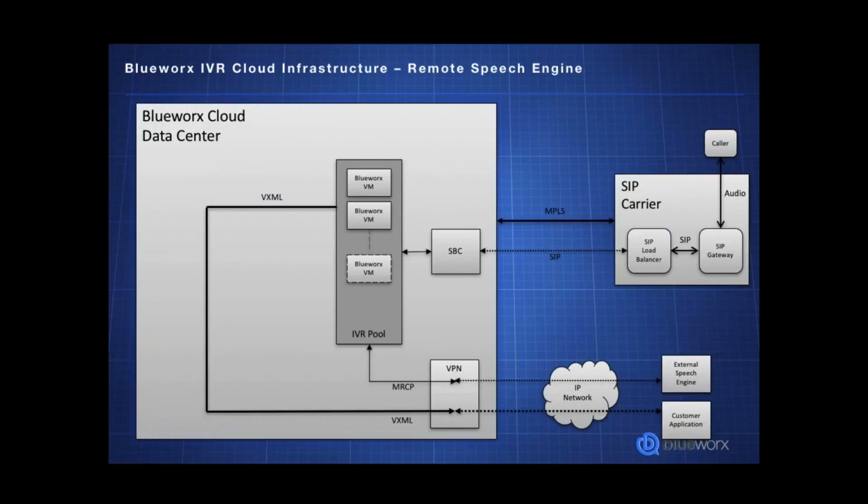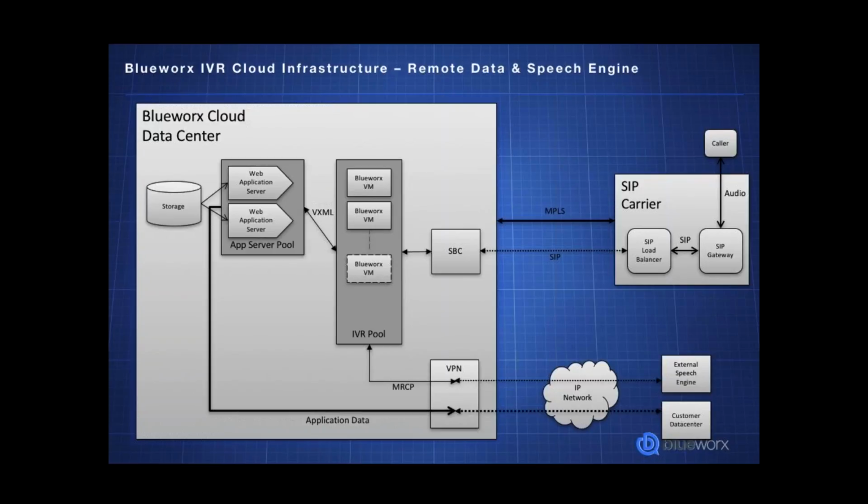So in this example, the call comes in, it goes to the Blueworx virtual machine, which requests the voice XML through the VPN at the customer's application server. And then it generates the speech by connecting using MRCP through the VPN to the speech engine. So Watson Speech, in this case, then generates the speech, sends it back to the Blueworx VMs to play to the caller.